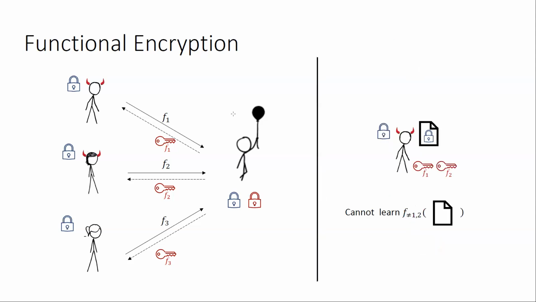For functional encryption, essentially what we need is that even if the adversary can learn a polynomial number of decryption keys, there is no way for the adversary to learn anything else about the plaintext except the functions related to the decryption keys that it learned.